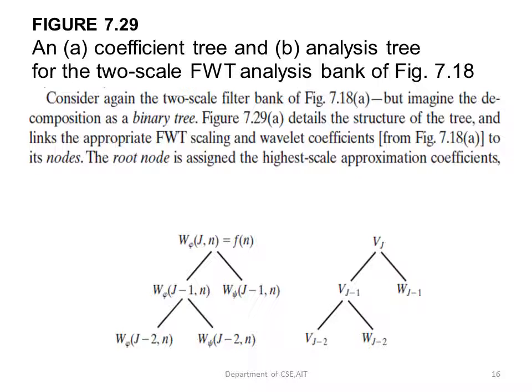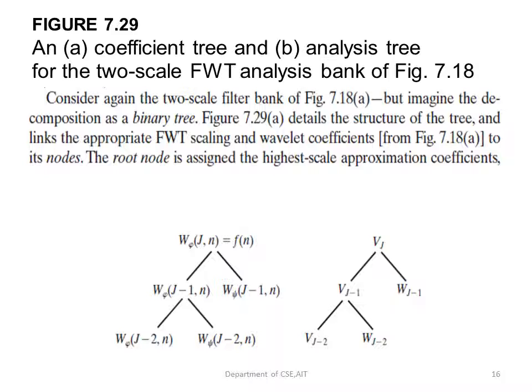Let us again consider the two-scale filter bank of the figure A, but imagine the decomposition as a binary tree. It will have two partitions starting from the root. In this figure you can see the structure of the tree, how it is organized and how the links are connected to the FWT scaling and the wavelet coefficients.